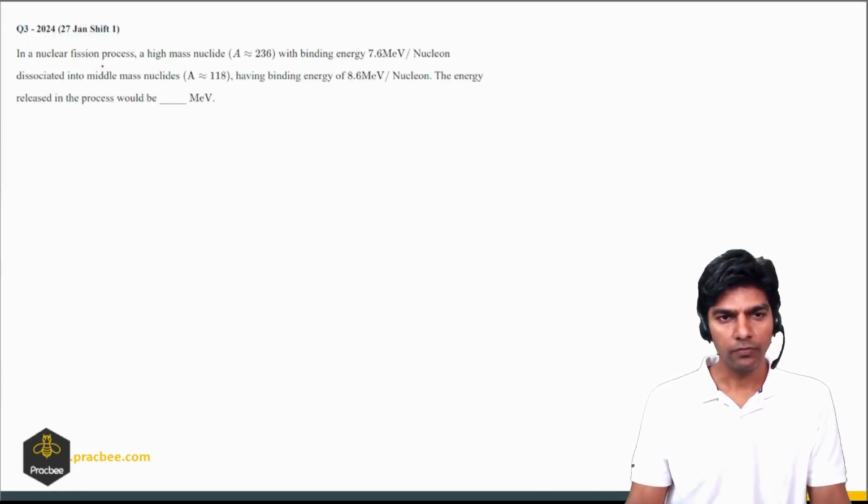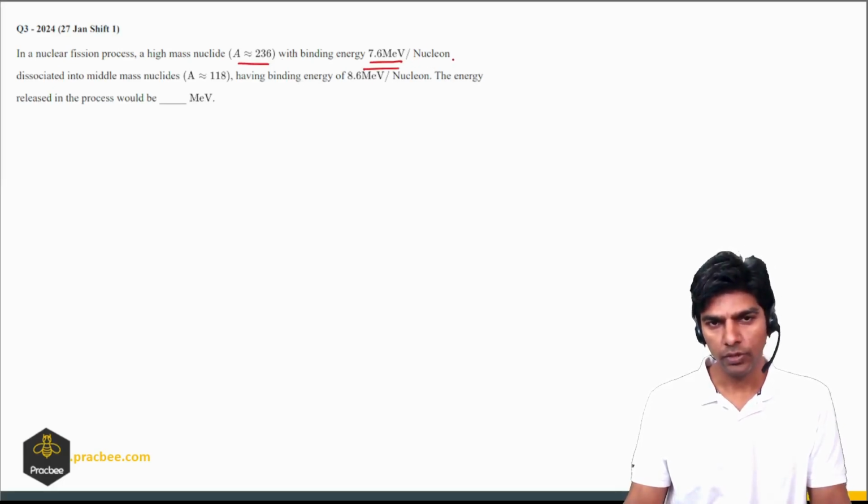In a nuclear fusion process, a high mass nuclide which is having a mass number 236 with binding energy 7.6 mega electron volt per nucleon dissociates into middle mass nuclide which is having a mass number of 118 having binding energy 8.6 mega electron volt per nucleon.